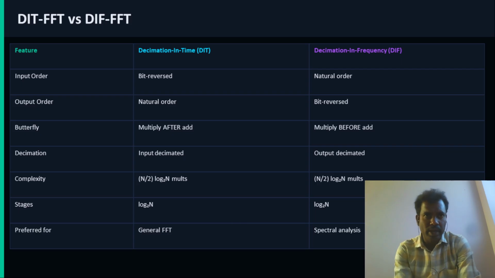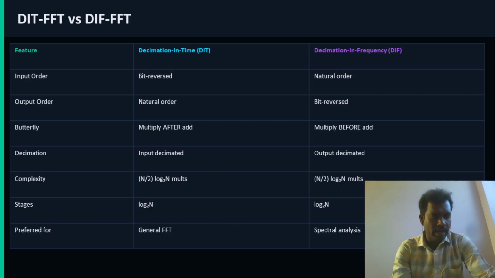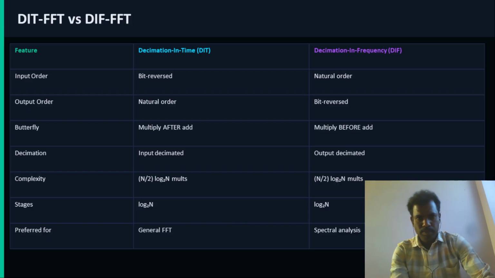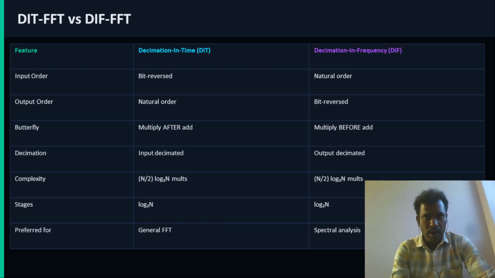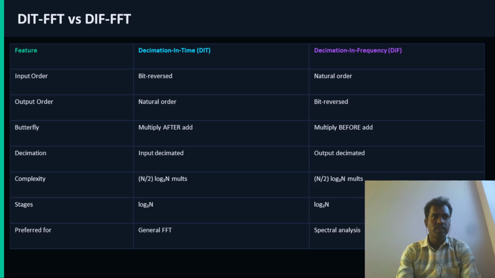Again, this n by 2 point DFT is divided into n by 4 point. Under the n by 2 values, we calculate the n by 4 odd indexed outputs first, and next the n by 4 even indexed outputs. So likewise, we calculate outputs by splitting into two parts.